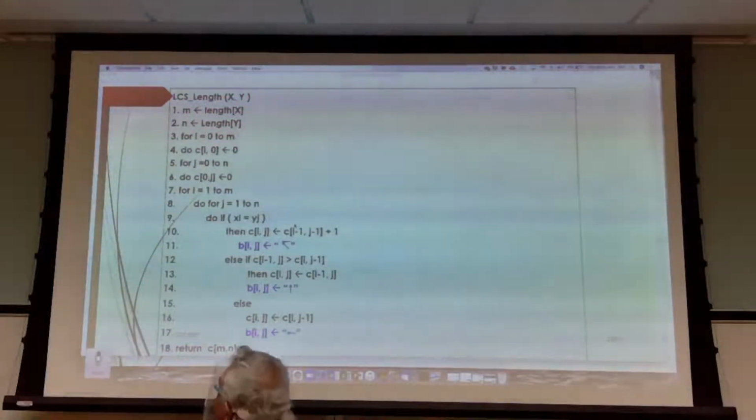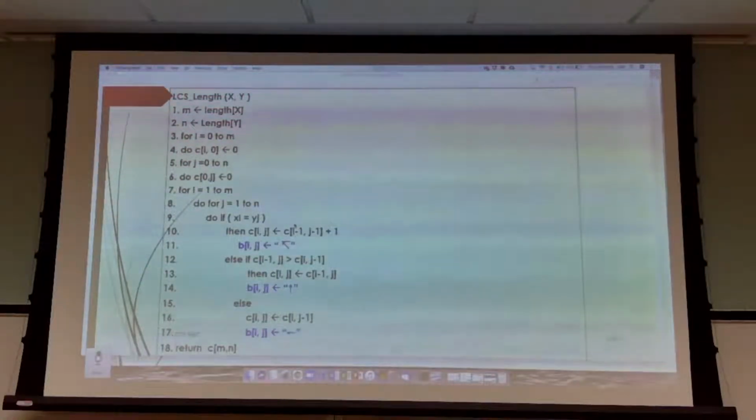So let me try and decode this for you. We know that m and n are the lengths of the two strings that we are given. So that's statements number 1 and 2. I know it's not well indented, but statements 3, 4, 5, and 6 are some initialization code.